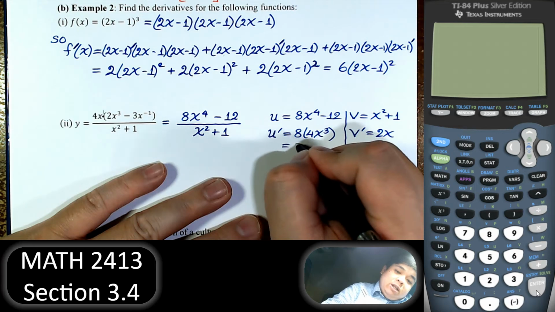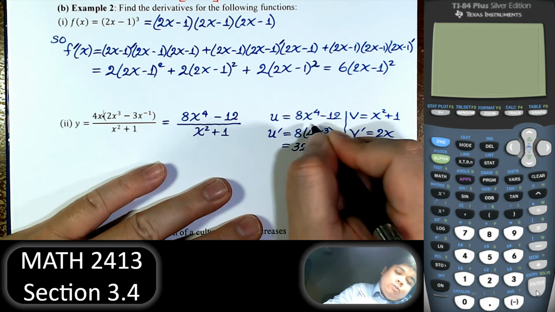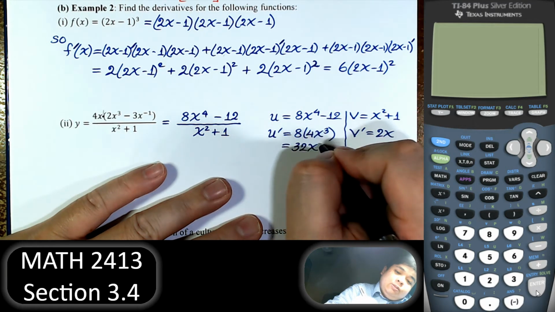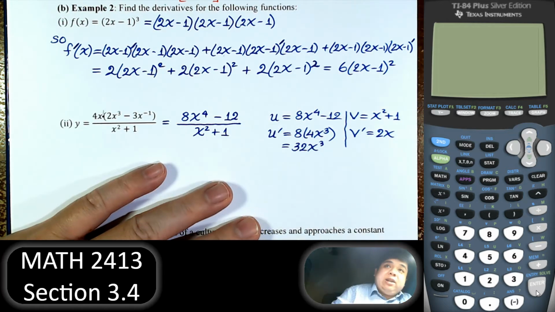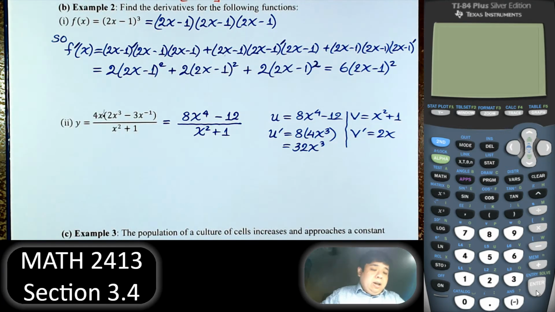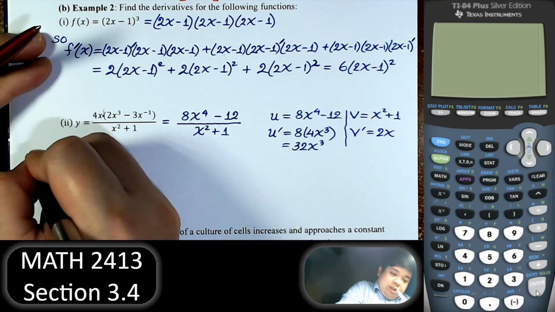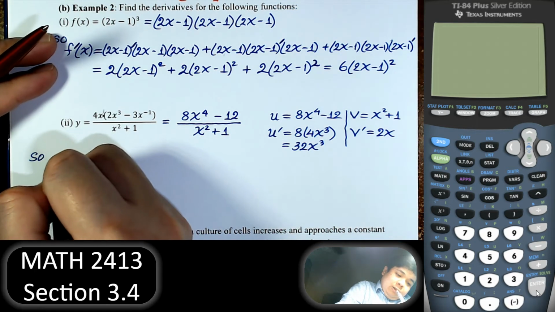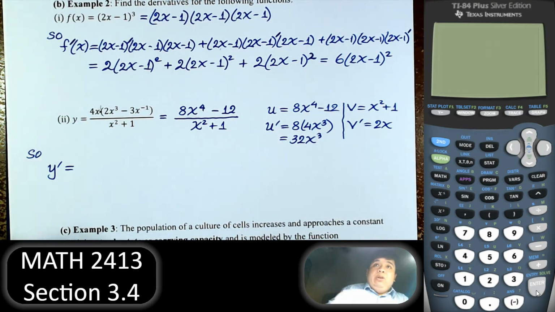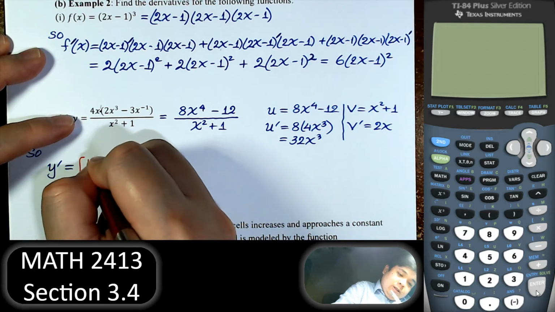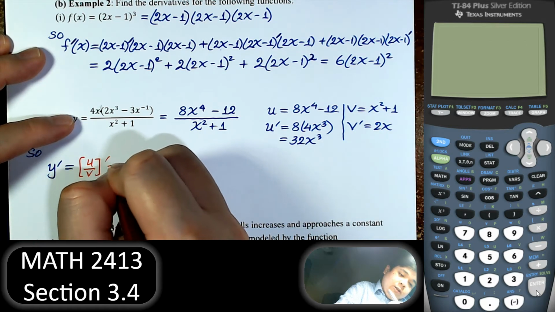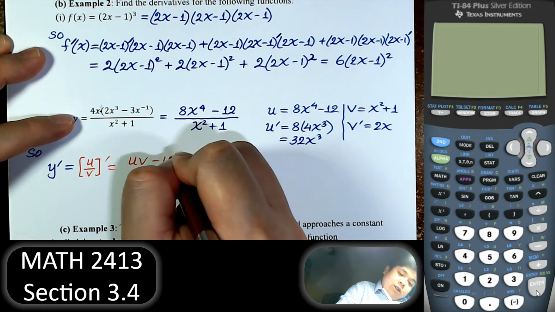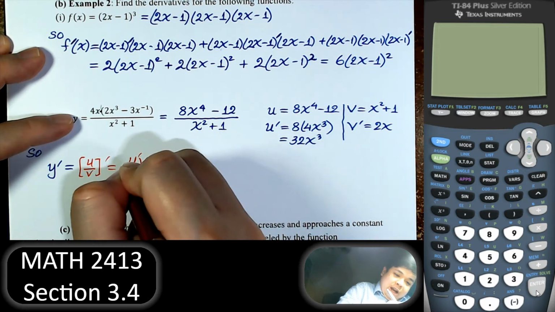Of course, that will be 32x cubed. And then 2x. Right, quotient rule. The derivative of a quotient is u prime v minus u v prime on the outside.